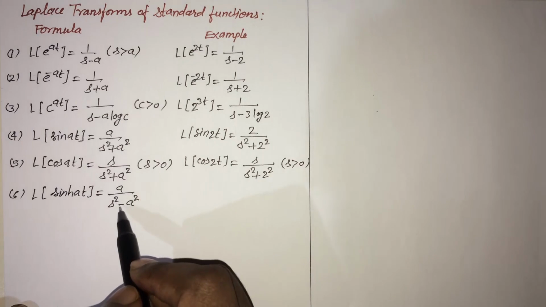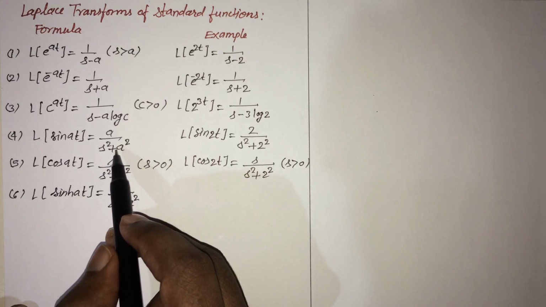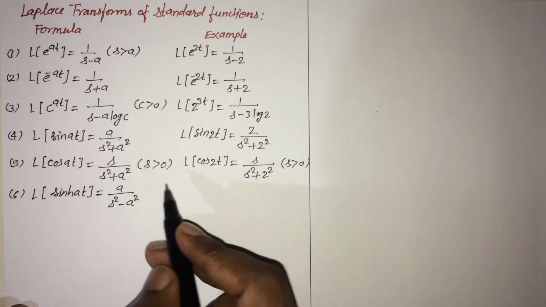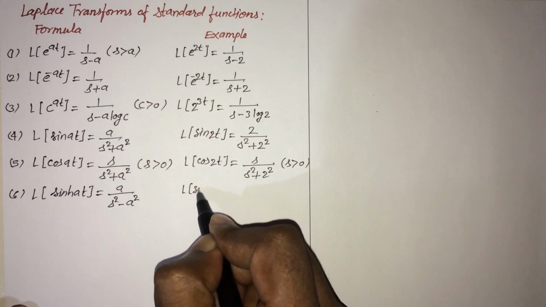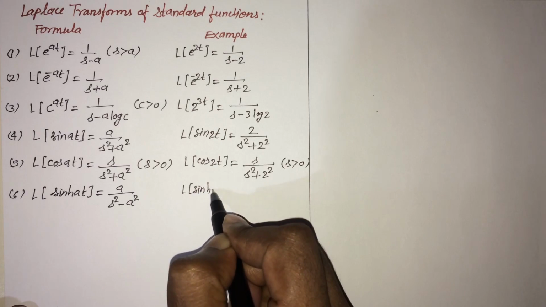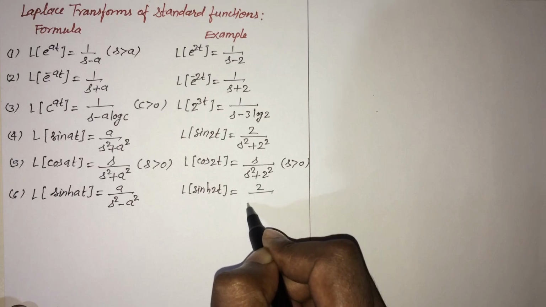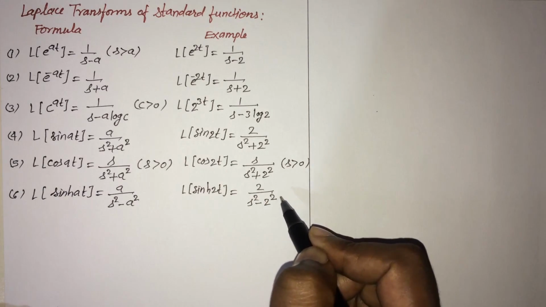Here there is a minus sign in the hyperbolic function, but a plus sign in the simple trigonometric function sin at. So example, Laplace transform of hyperbolic function sin 2t is 2 upon s square minus 2 square.